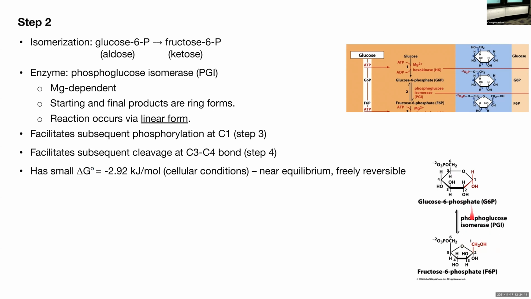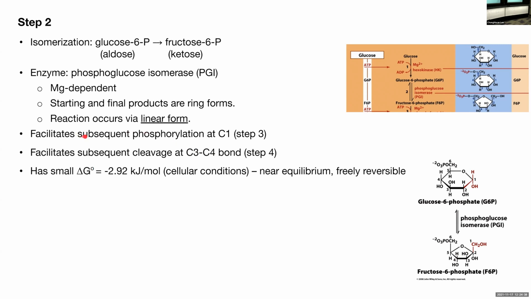The major difference is that this C1, which used to be an endocyclic carbon, comes out of the ring and becomes an exocyclic carbon, right? And it is pretty good because it's outside of the ring, so it can be easily attacked by negatively charged functional groups, rather than being included in the ring.